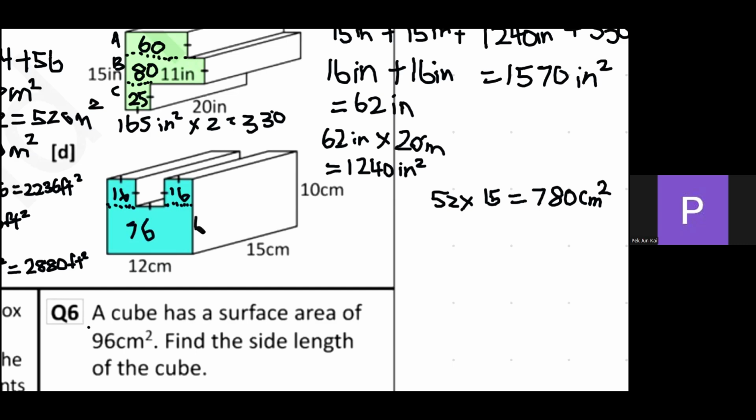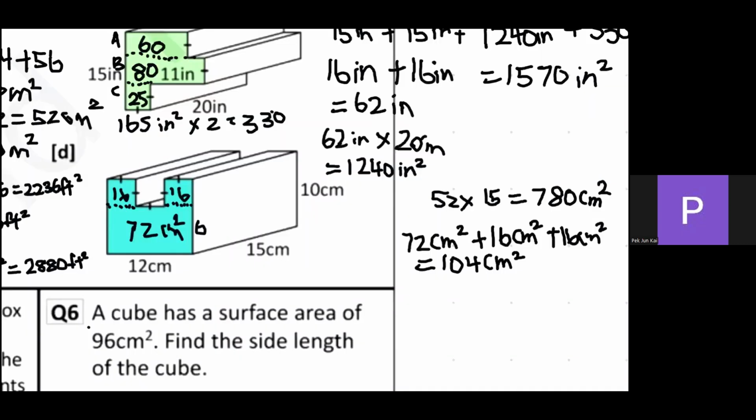So 12 times 6 is 72 centimeters. So 72 centimeters square plus 16 centimeters square plus 16 centimeters square, we would get 104 centimeters square. So we take 104 centimeters square and multiply by 2, which we would get 208 centimeters square.